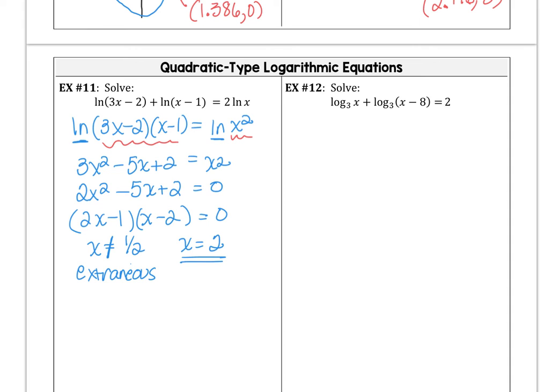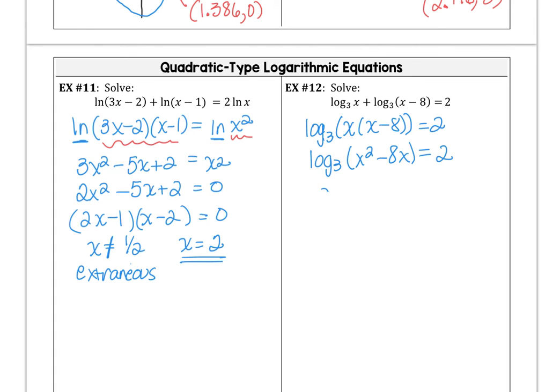Moving on to example 12, log base 3. So we have log base 3 on the left, and we are going to multiply x times x minus 8. That's equal to 2. So log base 3 of x squared minus 8x is equal to 2.